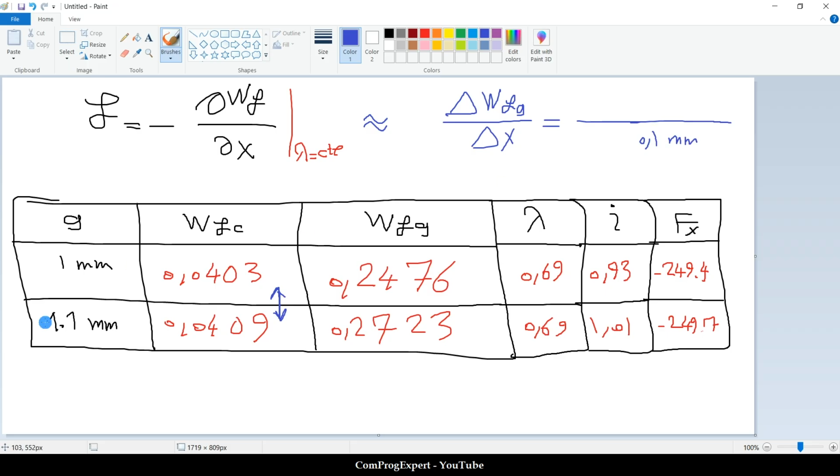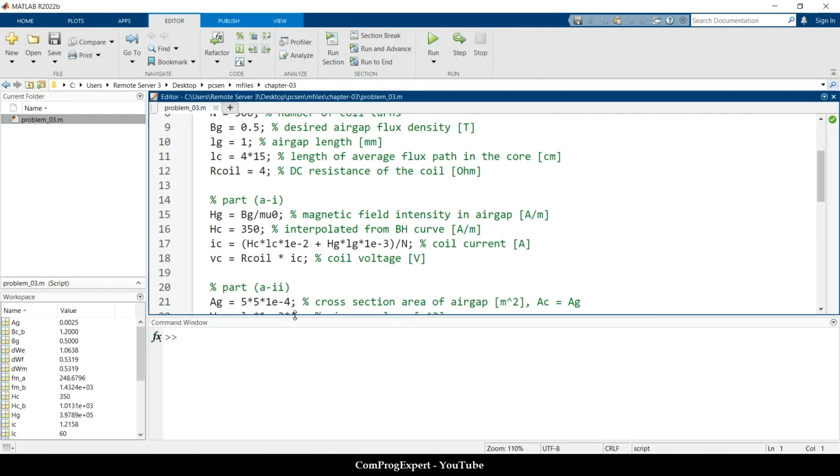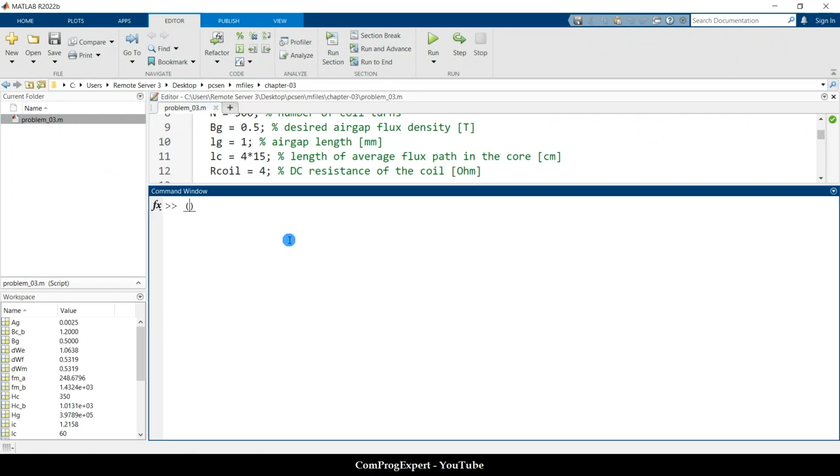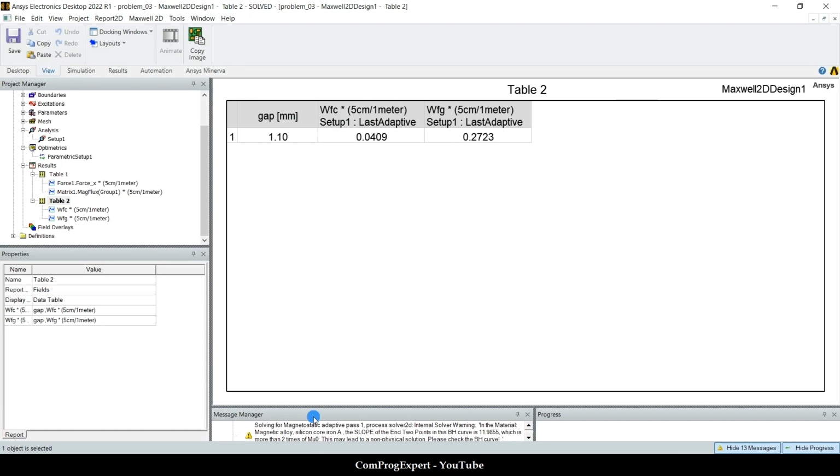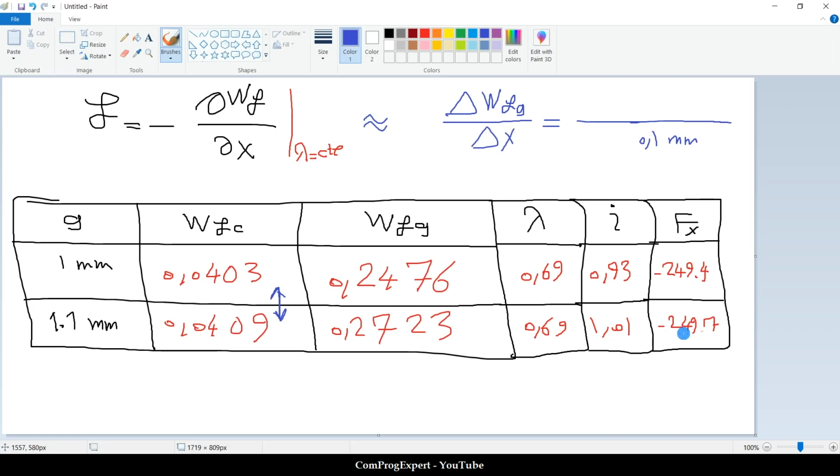The change in the value of the air gap is 0.1 millimeter, and we take the difference between these two numbers: 0.2723 minus 0.2476, divided by 0.1 millimeter. We should change this to meters, times 1e-3. We get 247, right? Close to this number.